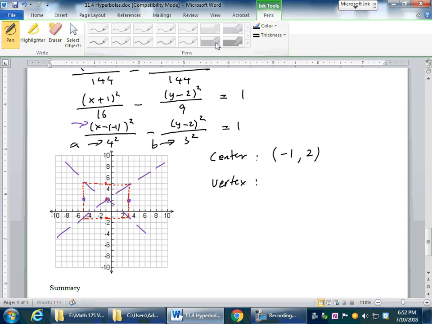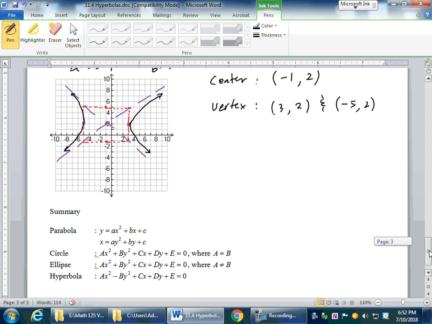Now we draw the hyperbolas, getting close to the asymptotes, and then finally we can write down our vertices, which on the right side will be (3, 2), and the left side will be (-5, 2), and this is our final answer.